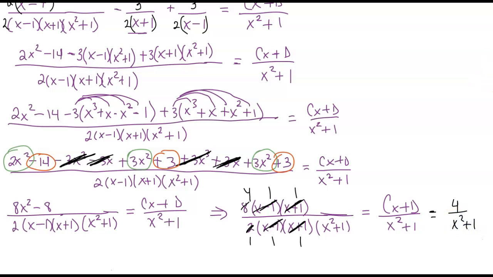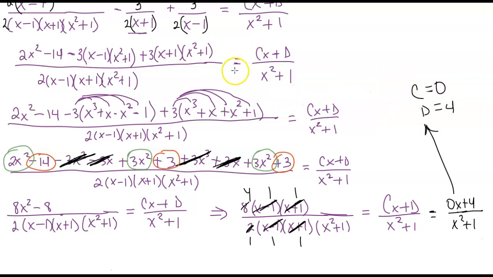And so from this, we see that all we have is a constant term. So if we wanted to write this out explicitly, this would be like a 0x plus 4. So what this tells us here is that our c is 0 and that our d is 4. Okay.